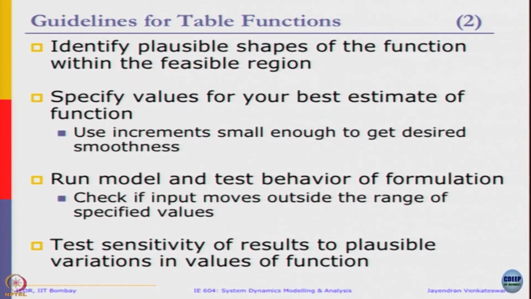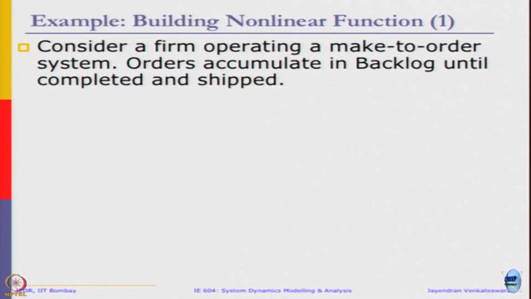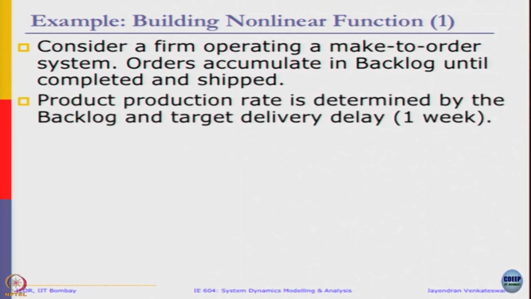So let us learn it through an example, or let us take up some simple scenario and try to go ahead on how we can think it through and build some possible shapes. Let us consider a firm operating a make-to-order system. Orders accumulate in backlog until they are completed and shipped. As soon as an order comes, it goes into backlog, and then production is determined by the backlog and target delivery delay.